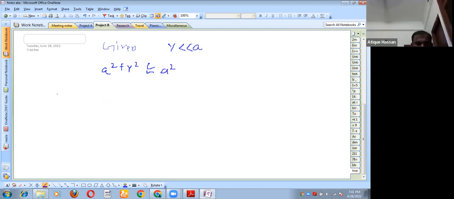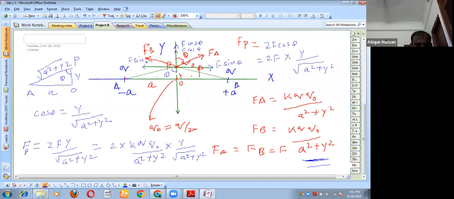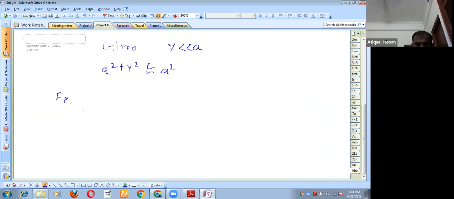Same thing. What will happen? FP. If you see FP, what was that? We will put a square plus y square equal to a square. Here also we will put a square plus y square equal to a square. So we will get FP is equal to 2kq naught by under root a square plus y square into y.